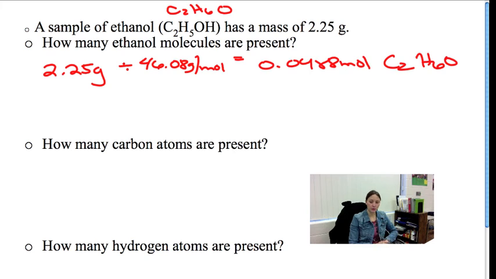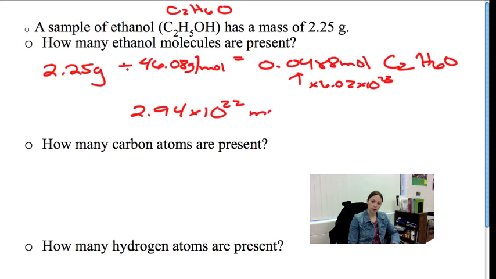Now I want to know how many molecules are present. So I just take that number times 6.02 times 10 to the 23rd. And then I would get my answer of 2.94 times 10 to the 22nd molecules of C2H6O.